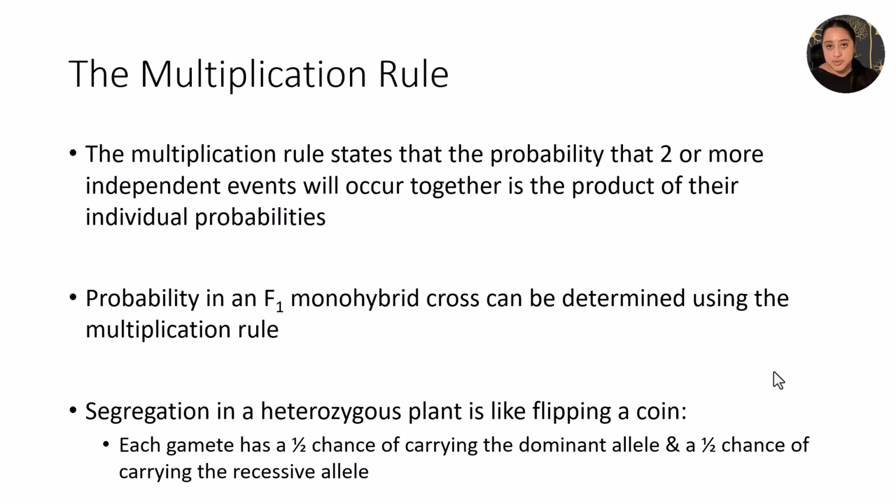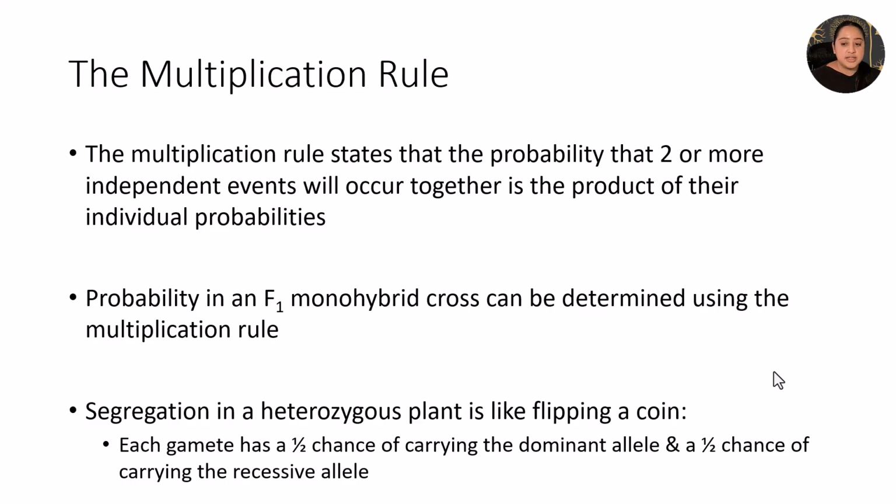I always hated probabilities, to be totally honest with you. But say that you are thinking about what are the odds that if I flip this coin twice, it's going to land heads both times. Each time that you flip the coin, there's a 50-50 chance, right? 1 in 2 chance that it will end up heads the first time.